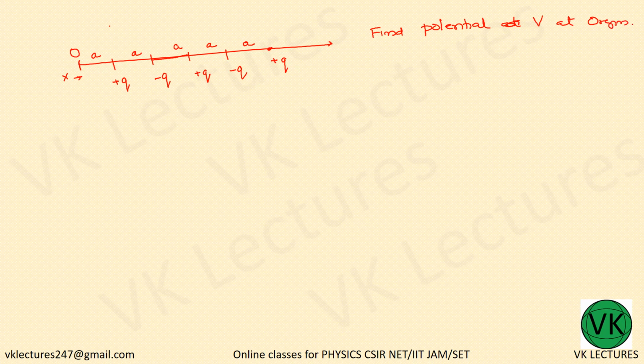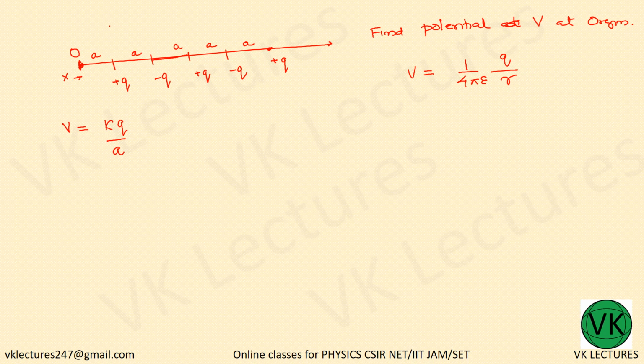So at this x equal to 0, you have to find out the potential. Now the formula V is equal to kq divided by a, right? Let me write V is equal to 1 by 4 pi epsilon q divided by r.